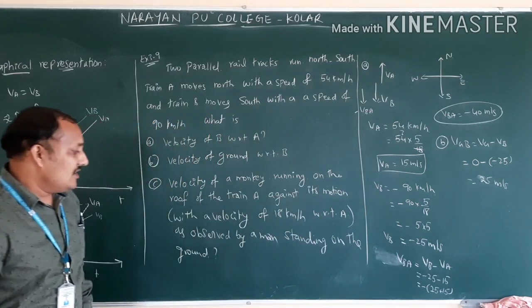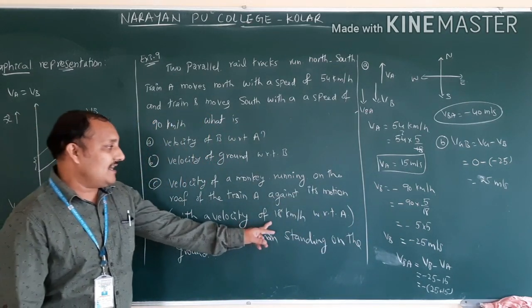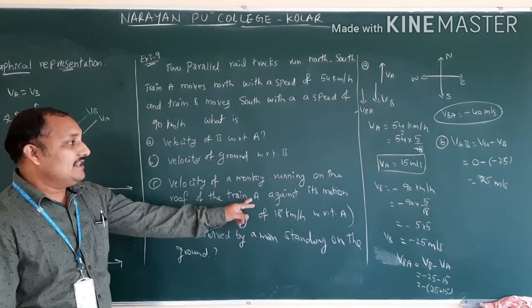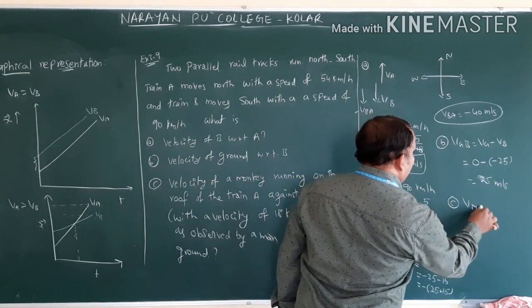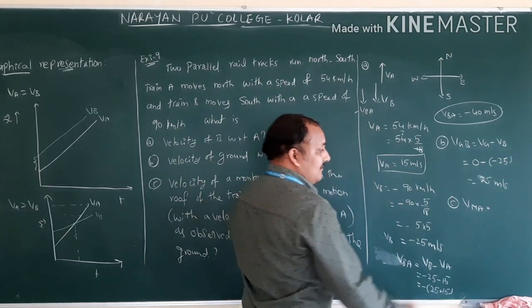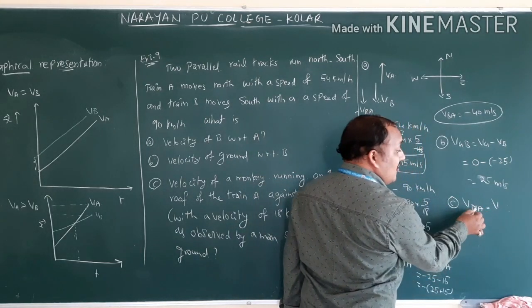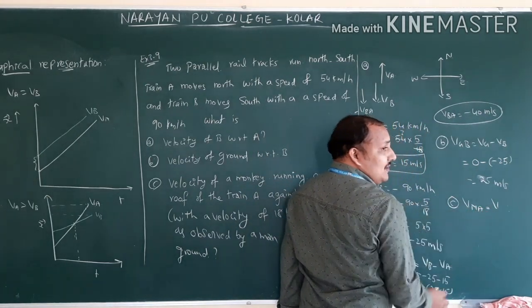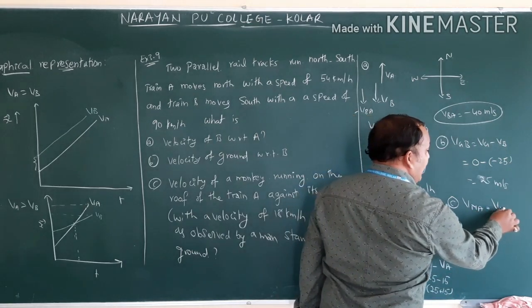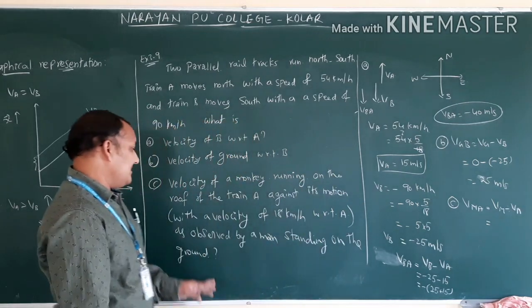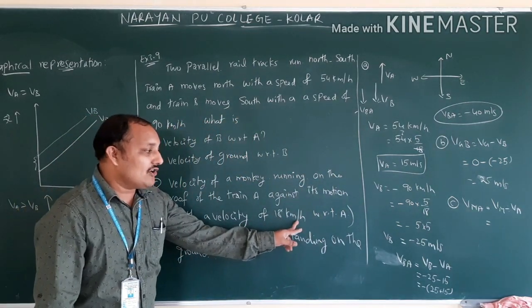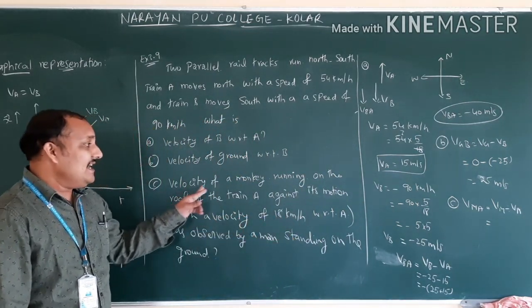That is nothing but south direction. With what velocity? Velocity of monkey with respect to A, that is VMA, nothing but VM minus VA. So with a velocity of 18 km per hour, VMA they give.